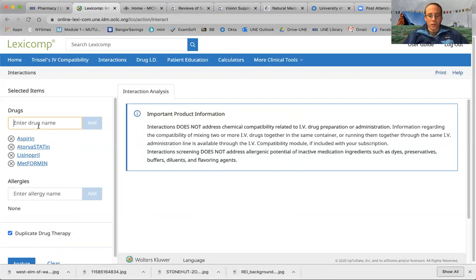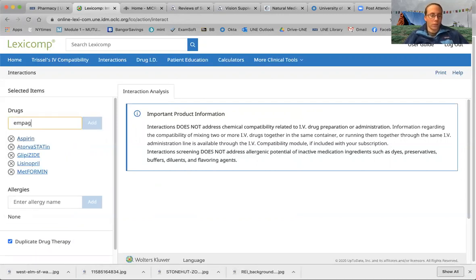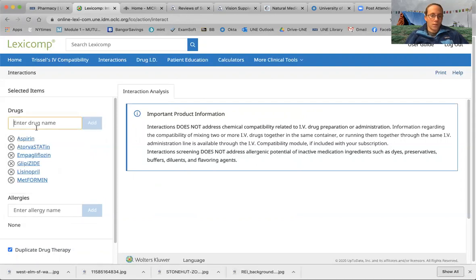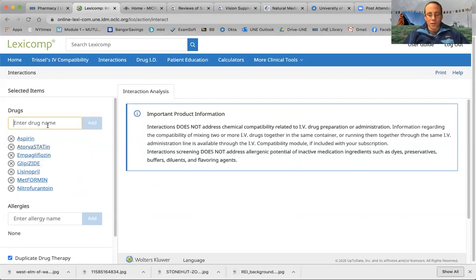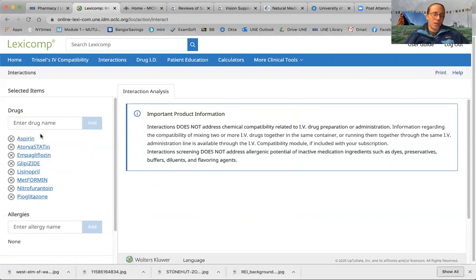There was glipizide. There was empagliflozin. There was nitrofurantoin. And let's see, there was another. So I typed those all in, and frankly, it was in a random order, but that was pretty similar to the way that the drugs were listed.